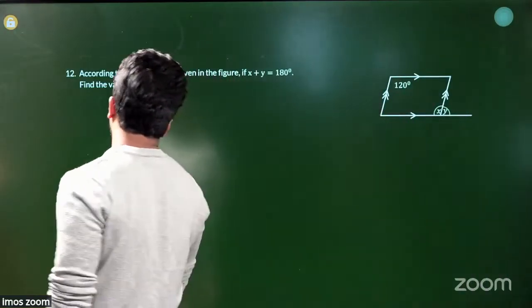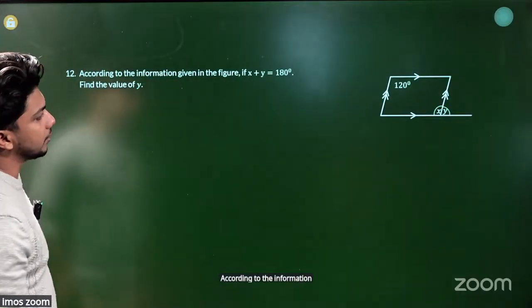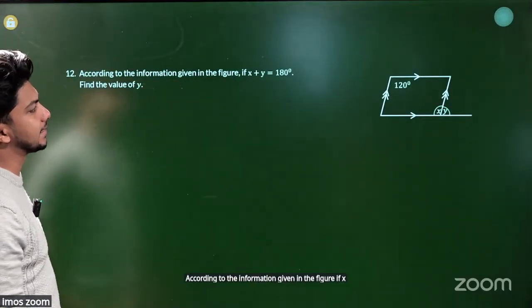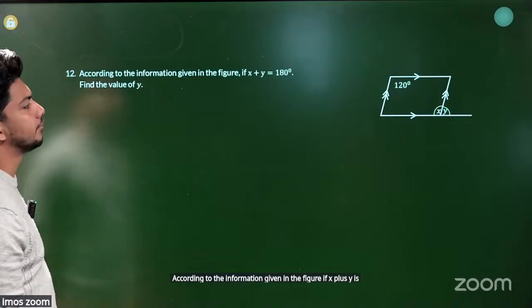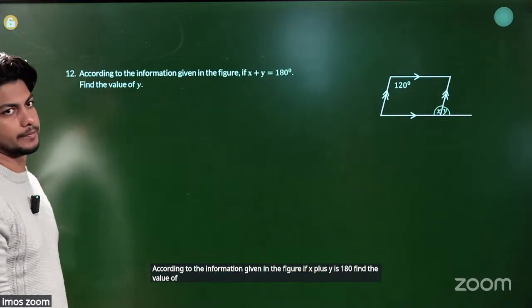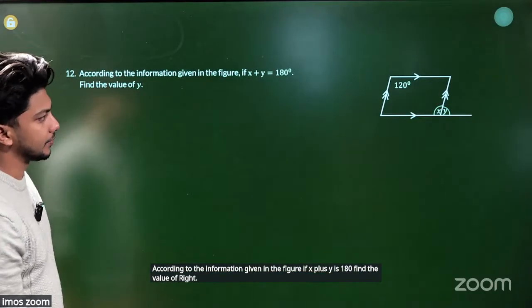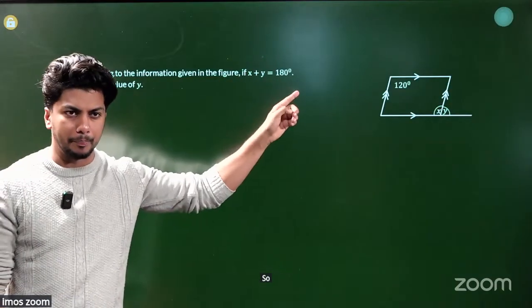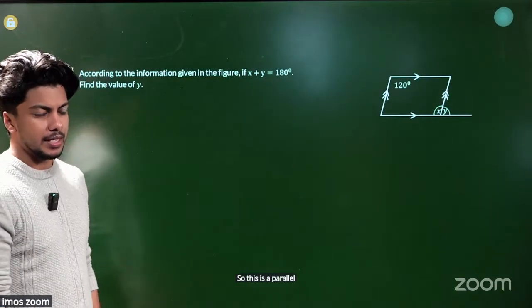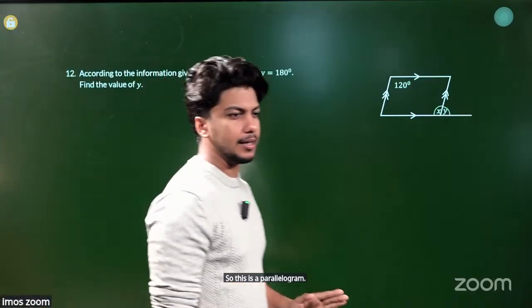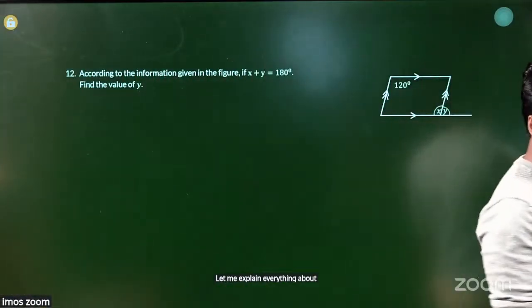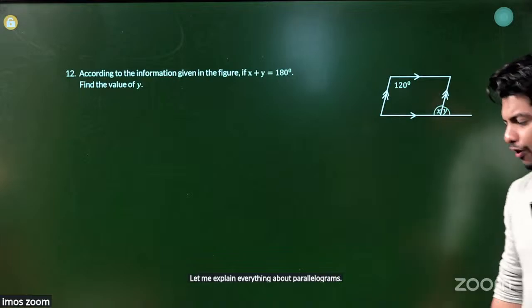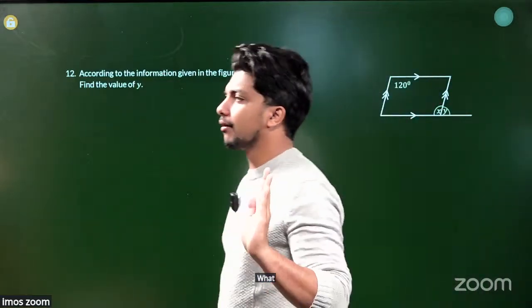According to the information given in the figure, if x plus y is 180, find the value of y. Okay, so this is a parallelogram. Let me explain everything about parallelograms. What do you mean by a parallelogram?